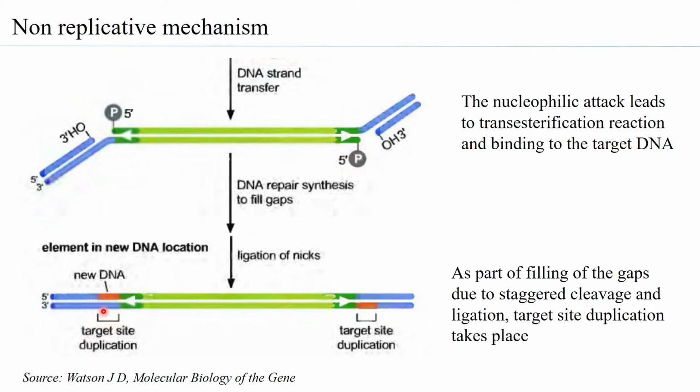So suppose you had TA over here, you would have the new DNA having AT. So if you had AT over here, you would have a TA over here, and so the new DNA will have a TA. So basically TA, TA, AT, AT. So you effectively have the same sequence.